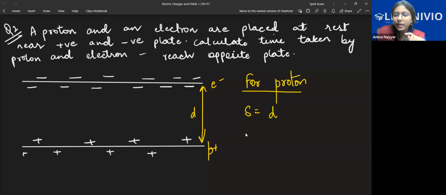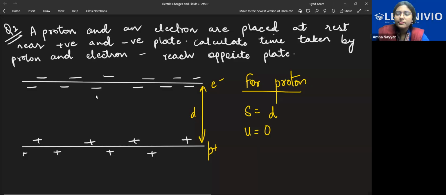Ibrahim, can you tell me what's the initial velocity of proton? Initial velocity will be 0, yeah? Yes, right. Very good. Because it is at rest. Now look, the rest of the things let us calculate.